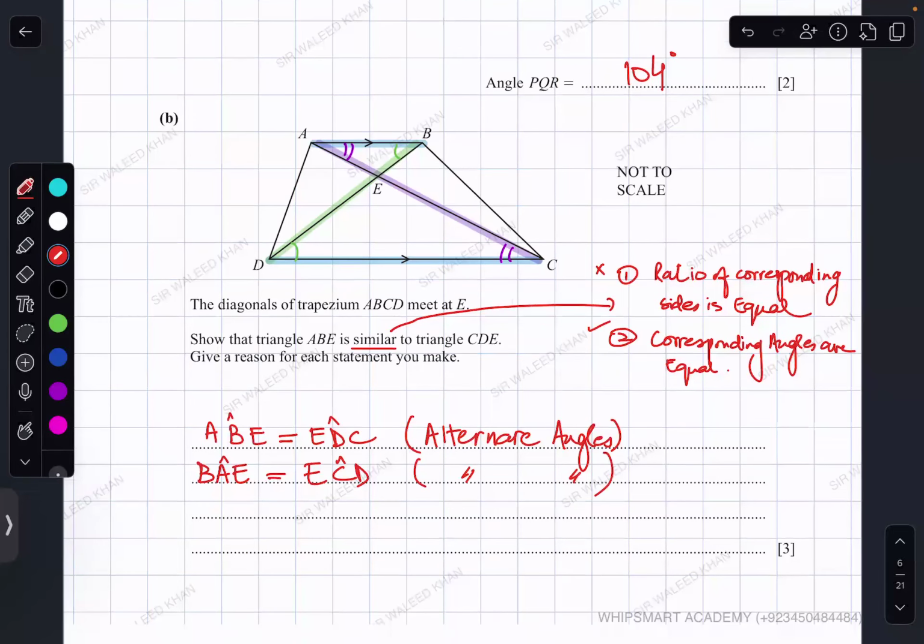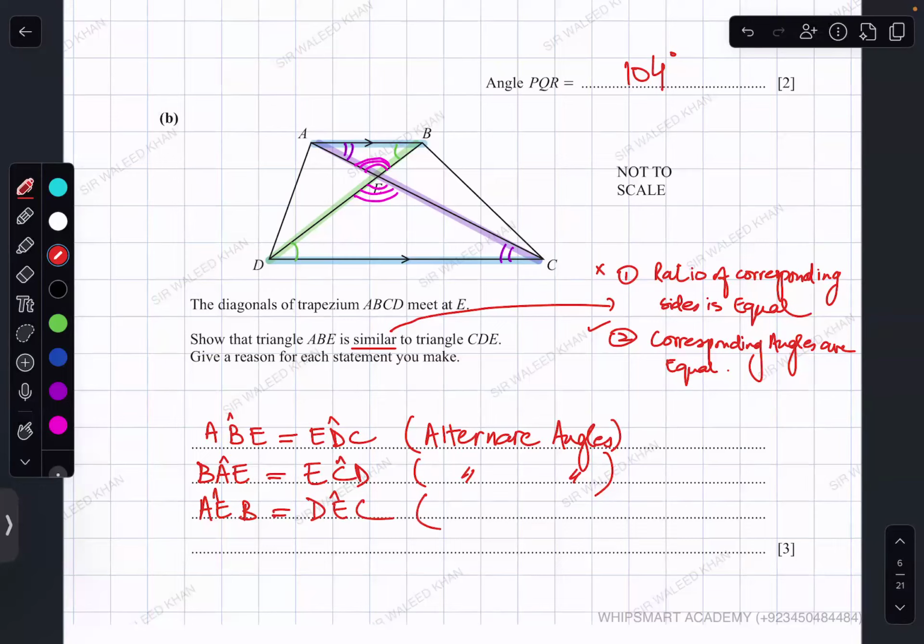And lastly, one angle left. Either you can say third angle in a triangle, or you can say vertically opposite angles. So AEB is equal to DEC.